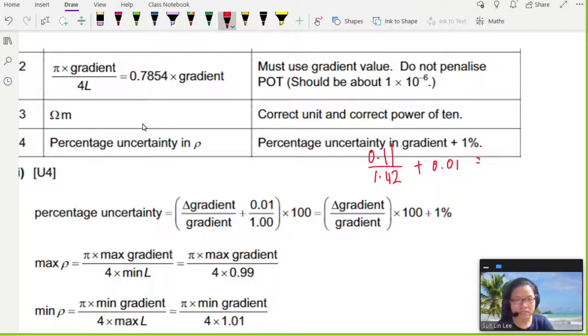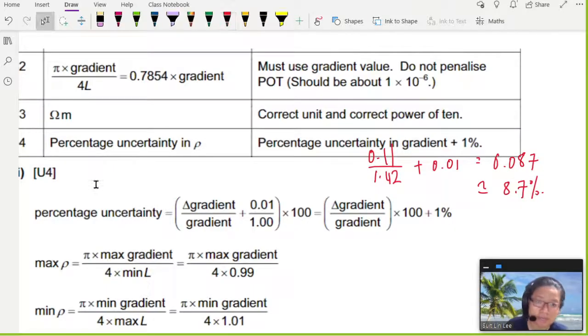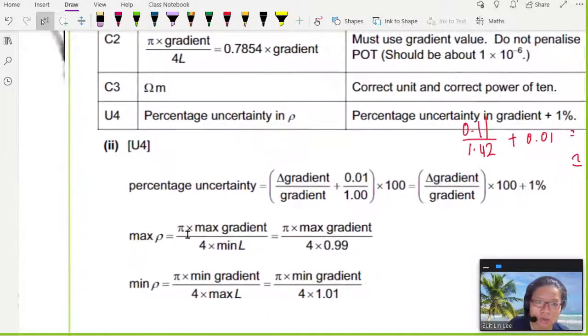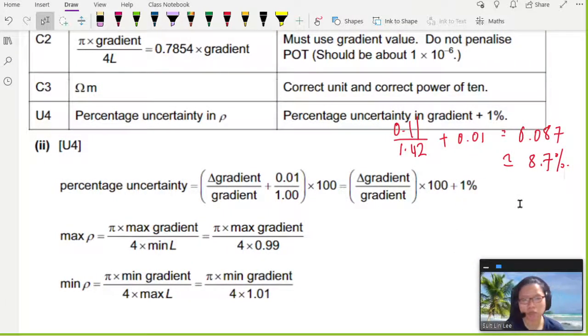So the actual percentage uncertainty is 0.087 or around 8.7%. Here cannot now. So why do they say add 1%? Because you take the uncertainty in gradient over gradient plus that 1%.